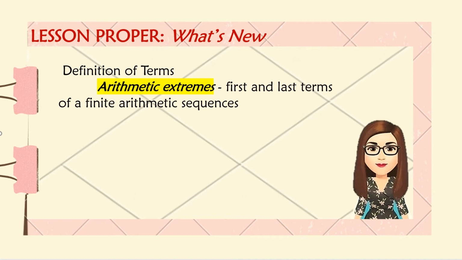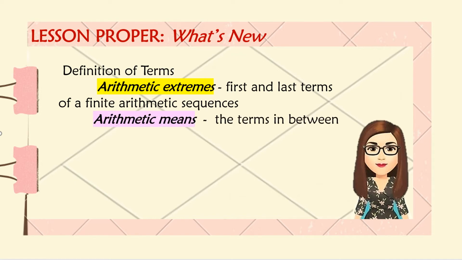Okay? So, let us now define what is an arithmetic means and arithmetic extremes. So, ano ba yung arithmetic extremes? So, first and last terms of a finite arithmetic sequence. So, ibig sabihin, yung 4 and 24 dun sa example natin kanina, sila yung tinatawag nating arithmetic extremes.